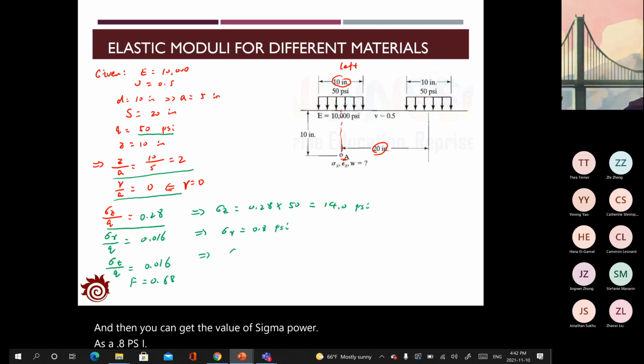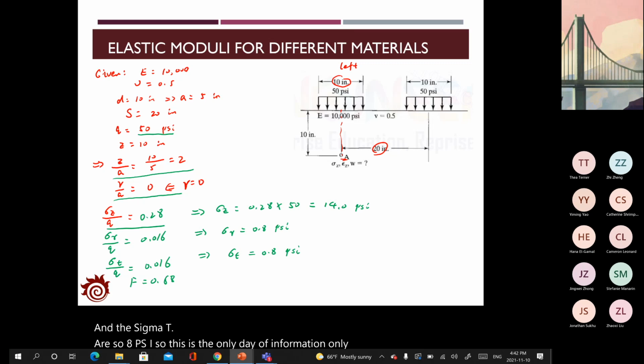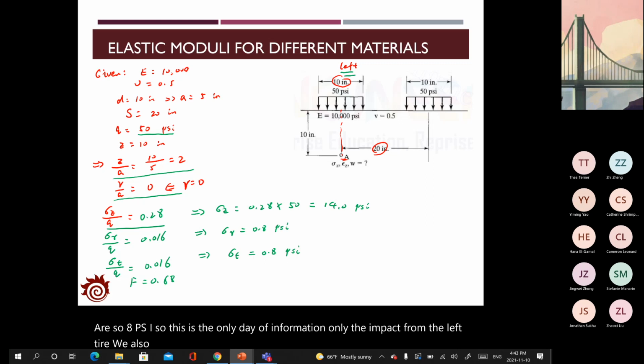And sigma t is also 0.8 psi. So this is only the impact from the left tire. We also need to analyze the stress from the right tire, which will have the distance from point A to the center line about 20 inches.